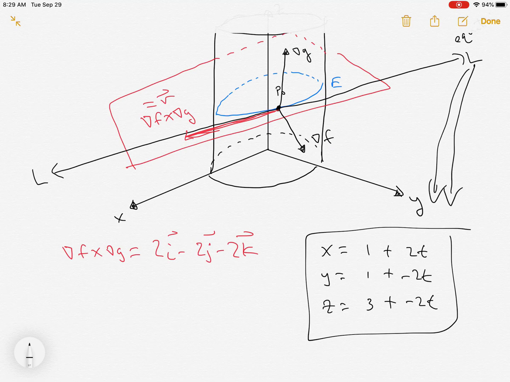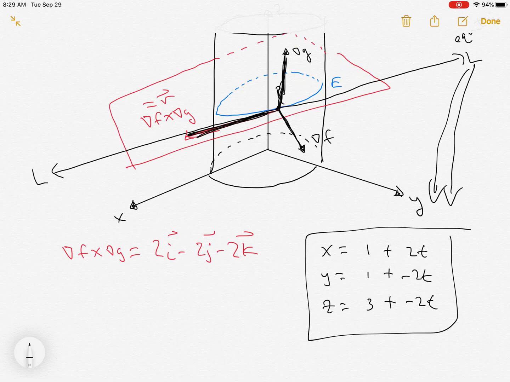Right? So just like before, we used this vector, del F, which is perpendicular to the cylinder, normal. And then we took this del G, which is perpendicular to the plane. And they're perpendicular to each other, so when you cross them, you get this guy here. Or even if they're not perpendicular to each other, which they aren't.